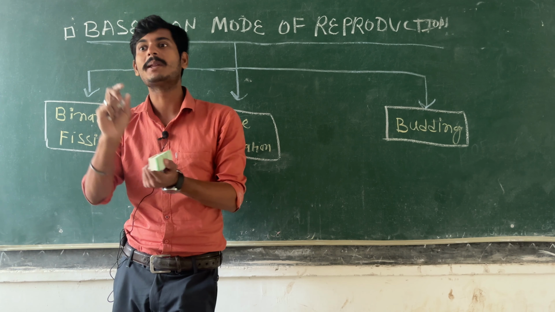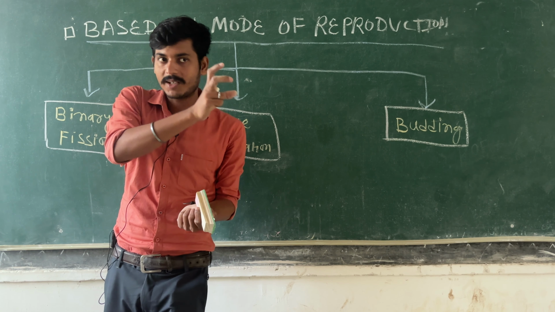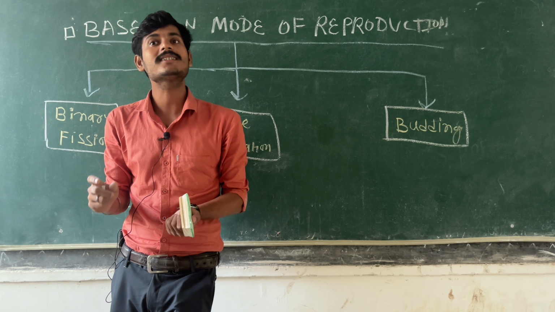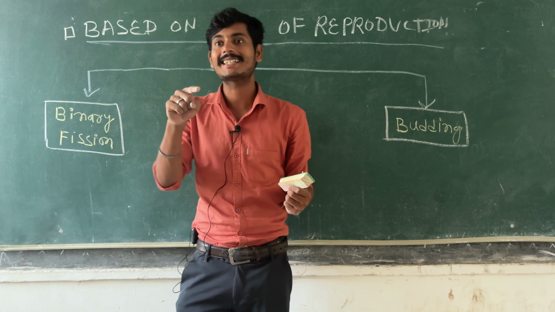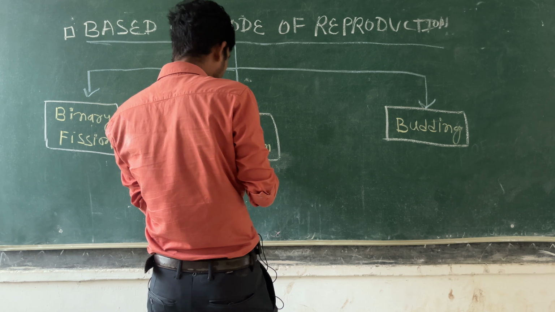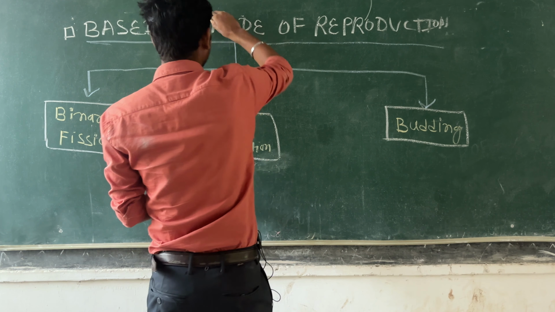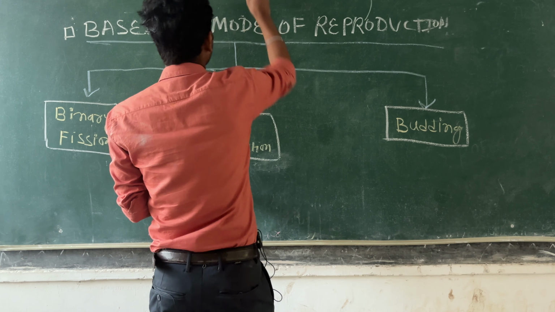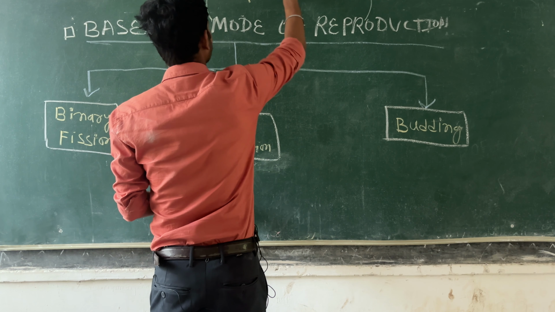Conjugation is a primitive type of sexual reproduction performed by bacteria occasionally, but frequently they perform asexual reproduction. Write it down: the frequent mode of reproduction in bacteria is asexual.